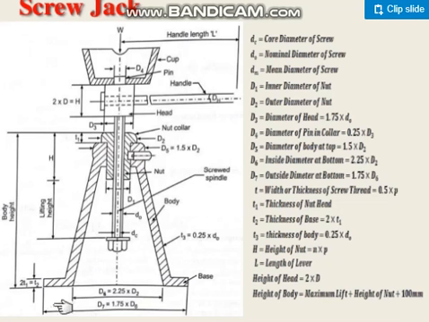Now let us see this screw jack. You see, DC is the core diameter. This screw has an inside. What are we designing? We are more interested in designing the threads here, not the other part so much. DC is the core diameter, DO is the nominal diameter, and DM is the mean diameter.